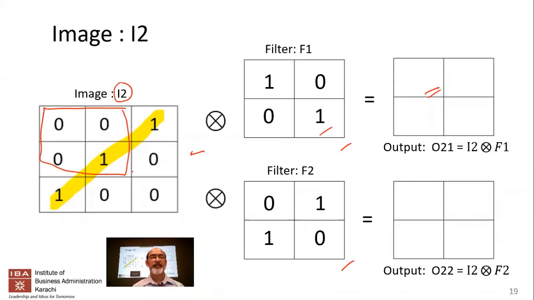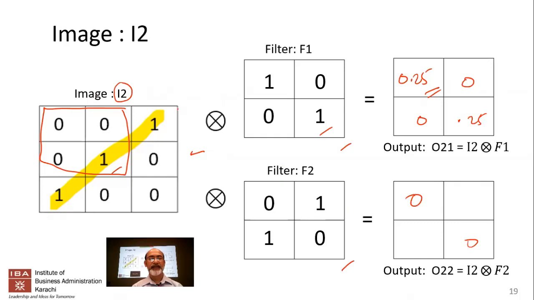Well, most of it is going to be a 0 except for these two ones. And then we're going to divide by 4 to get an average over the size of the filter. So this is going to be 0.25. Is that right? Yes. And then if you applied this filter on this region over here, it would probably be a 0 and a 0 over here, my guess, and probably a 0.25. And if you applied filter number 2 over here, this would probably be a 0 and a 0 over here.